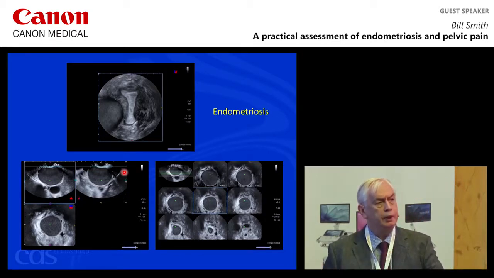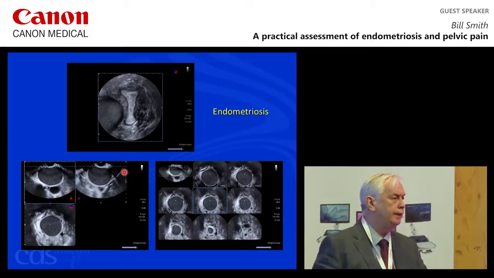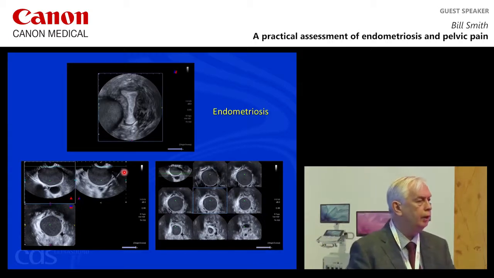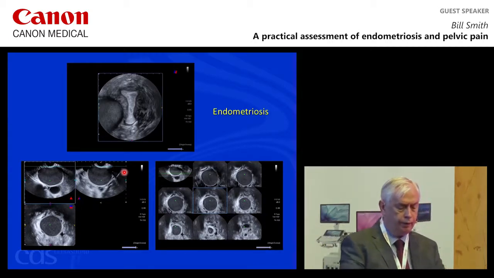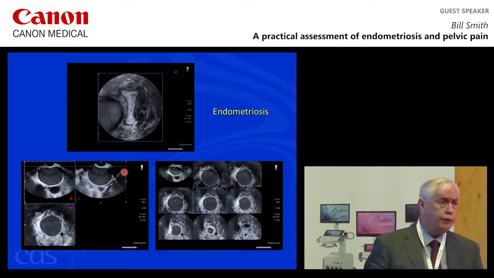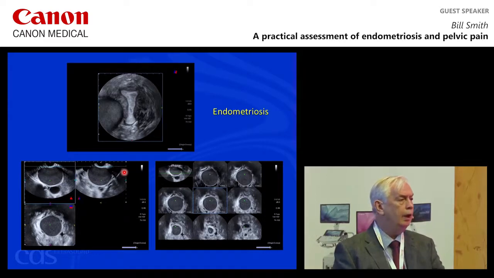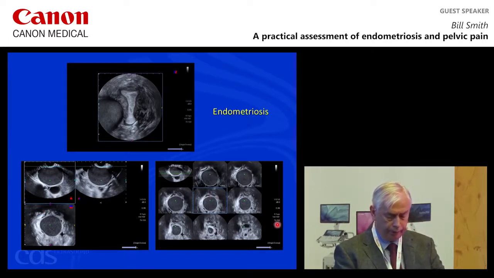This is obviously the determining factor in terms of whether we aspirate the cyst, strip out the lining of the cyst and sew up a normal ovary, or whether the ovaries are removed. And you can see there the importance of 3D in terms of answering that question and identifying functional tissue within the ovary.